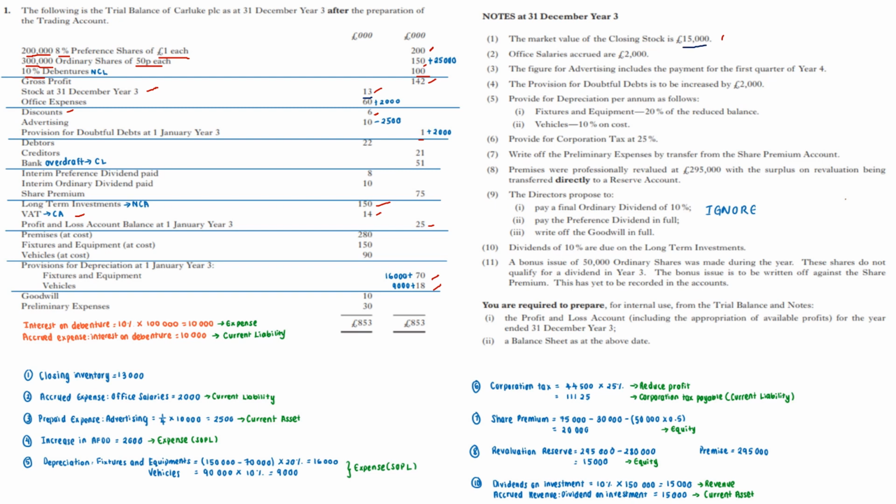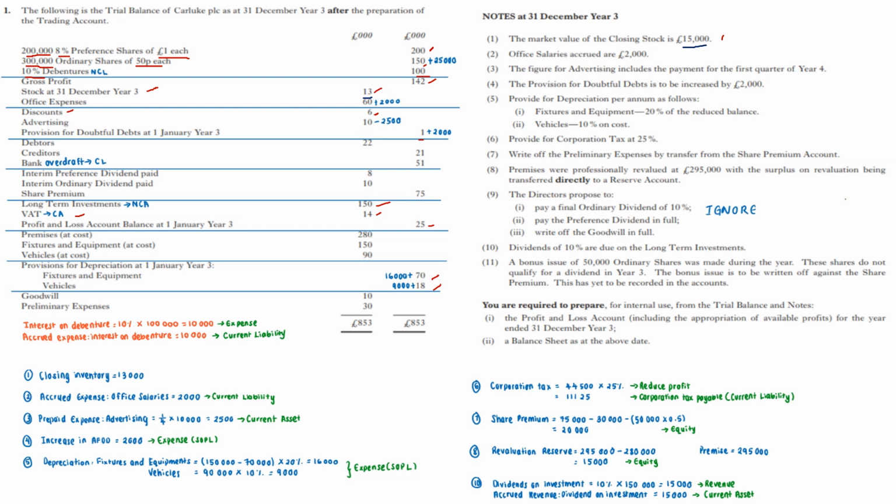So when it comes to your statements, you should take whichever value that is lower. As you can see here, 13,000, which is the cost, is lesser than the market value, which is 15,000. In your records, you have to choose the lower amount. So you will record the 13,000 instead of 15,000.